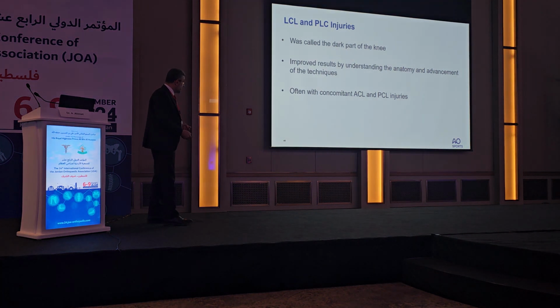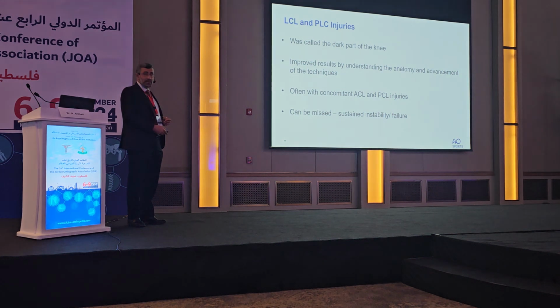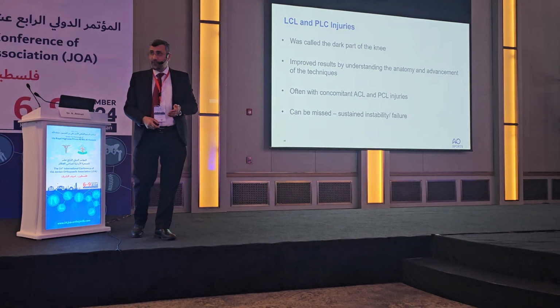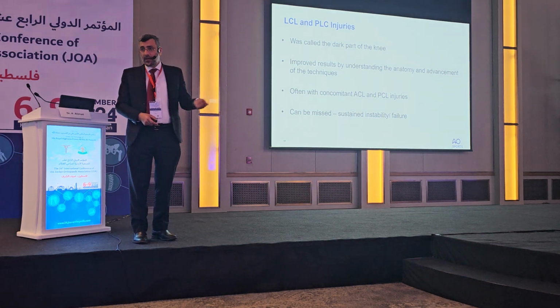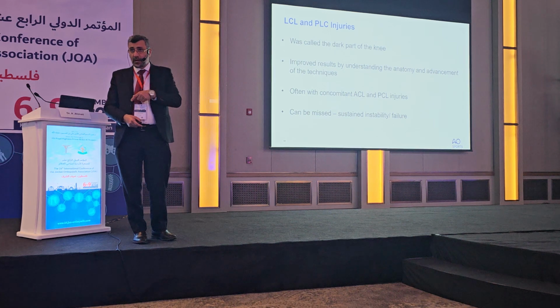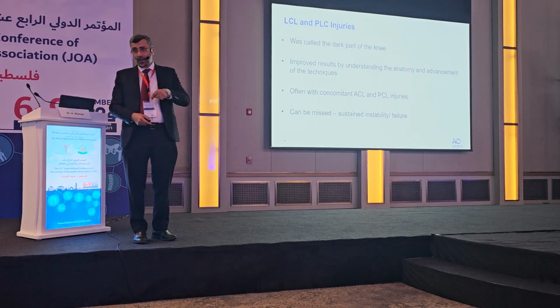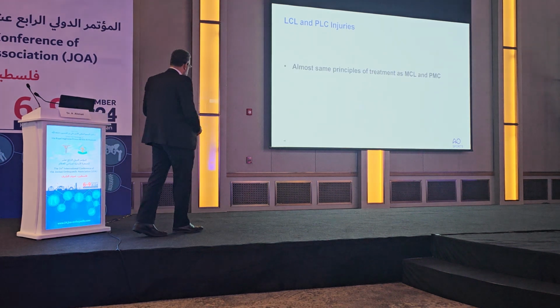It's often with concomitant ACL and PCL injury, and can be missed. What's the problem? If missed, like if you have lateral collateral and ACL injury and you did only the ACL, this may fail. So this is a cause of persistent instability and also failure of other ligament reconstruction. So you have to have proper diagnosis.